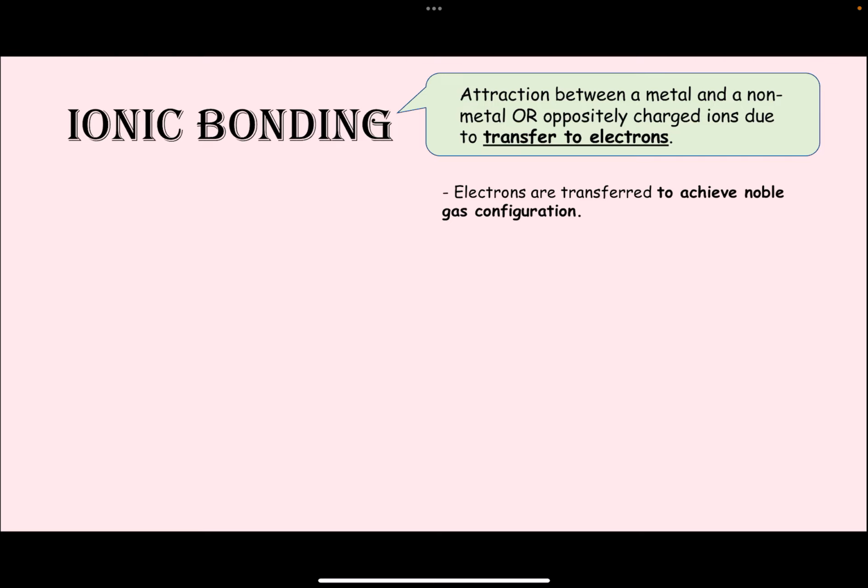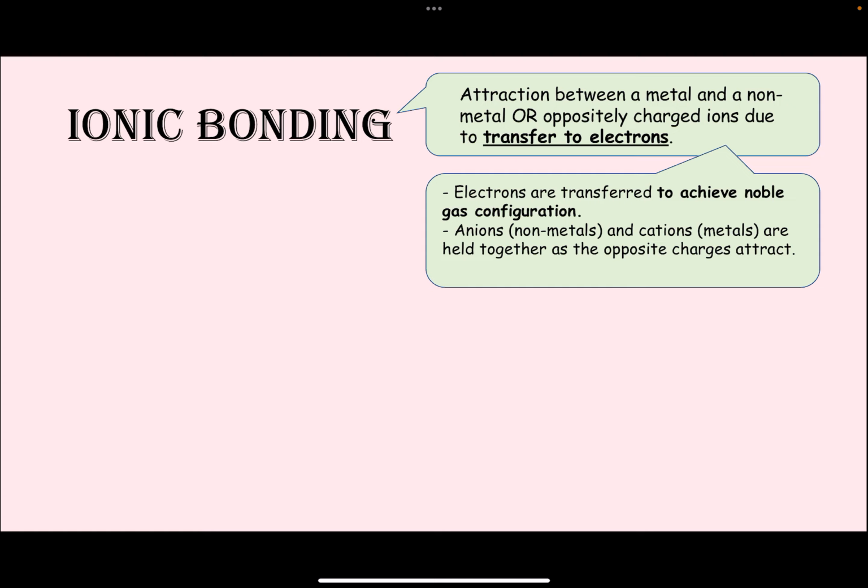So the electrons are transferred from the metal to the non-metal, and that's how they bond with each other. They are transferred to achieve the noble gas configuration. We have the anions, your non-metals, as we just said, and we have the cations, which are your metals, and because they have opposite charges, they attract each other, and they result in what we call the ionic compound.